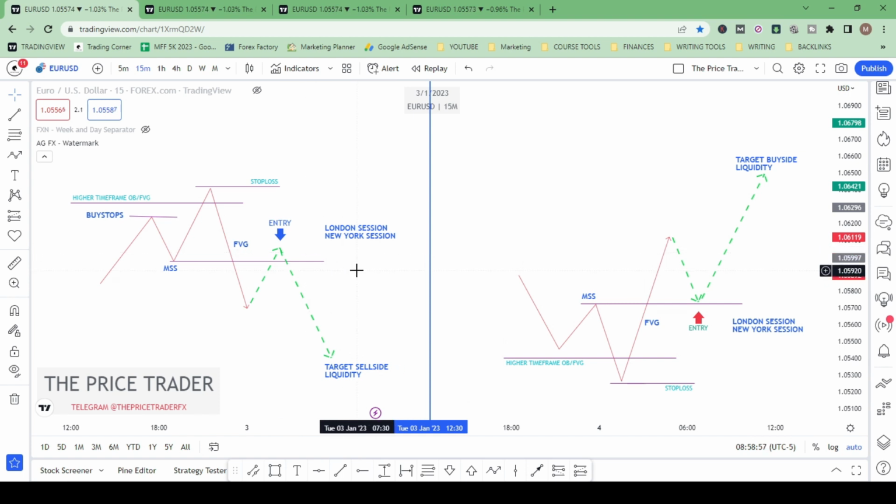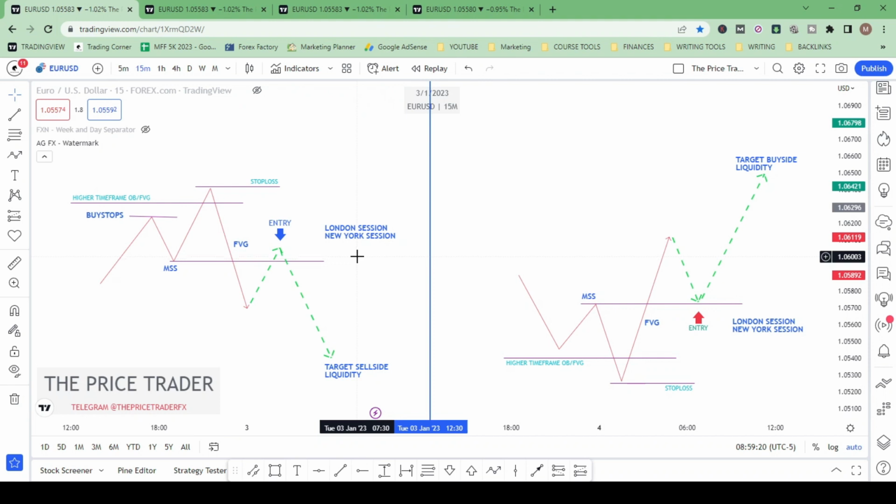If it is not within these two kill zones, don't anticipate this setup to be fruitful or high probability. It could pan out, but it's not high probability. I'm talking about the London session and New York session, the way Michael teaches. You can check out ICT's YouTube channel to learn more about the time sessions that I'm referring to.